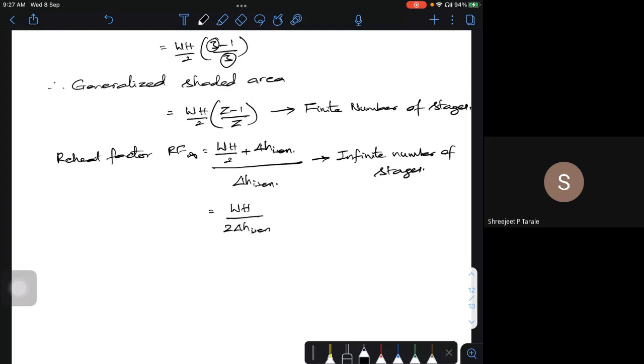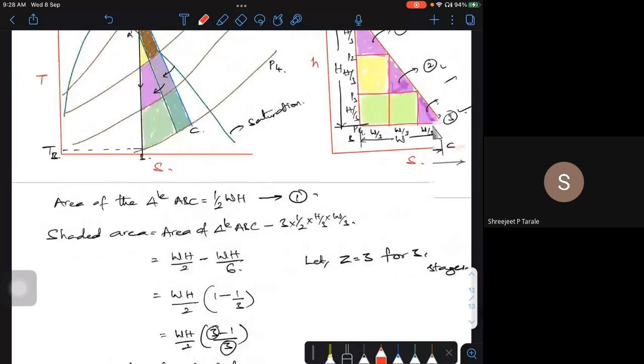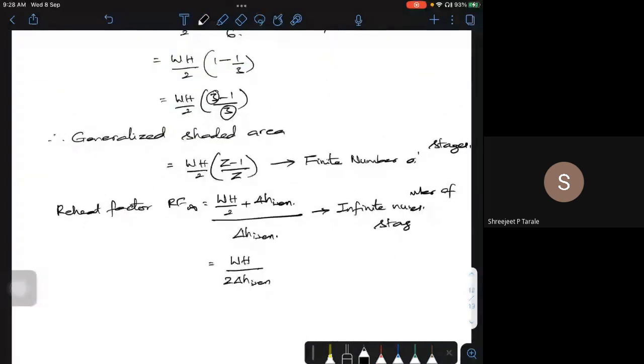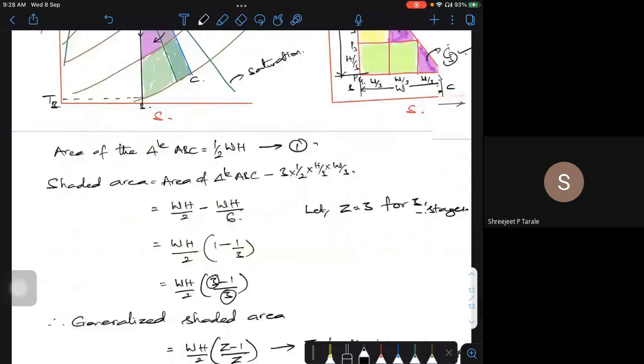If I add minus 1 on one side and plus 1 on the other side, this will be plus 1 minus 1, so this will be the reheat factor minus 1. Taking 2 delta H isentropic common, one more isentropic will come there. I have defined it. Let me go back and see.